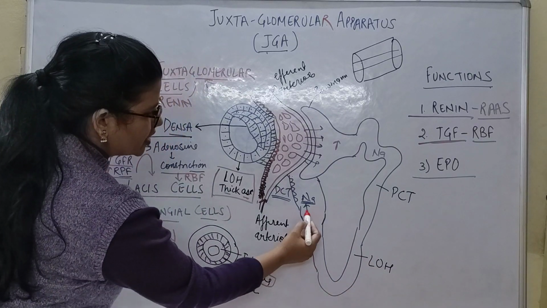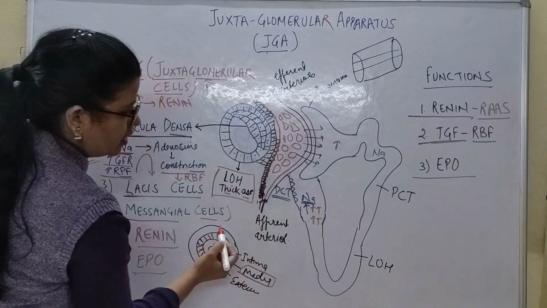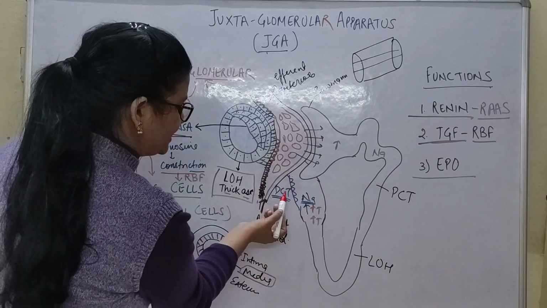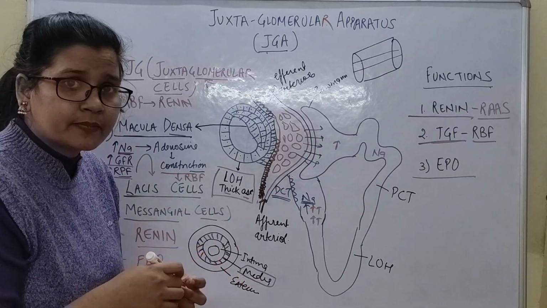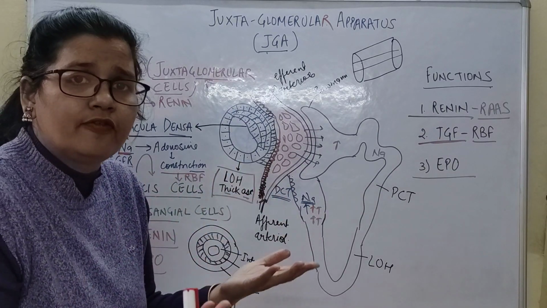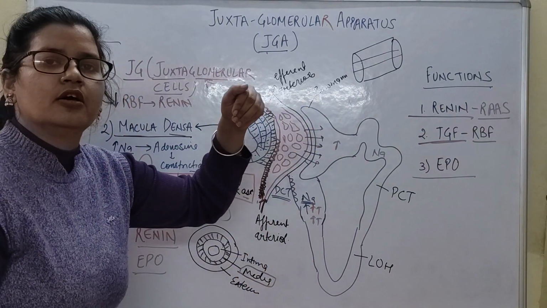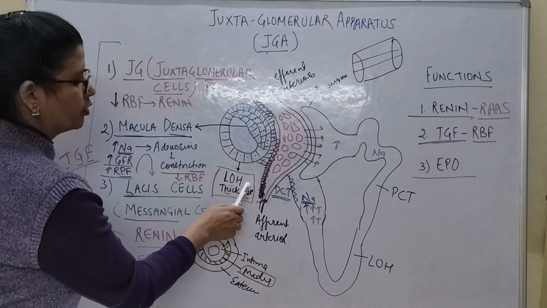The sodium flows here, and obviously there is an increase in sodium concentration here as well. So they have sodium sensors, which say that there is high sodium concentration. That means there is an increase in renal blood flow and hence GFR. This is sensed by the thick ascending loop of Henle.